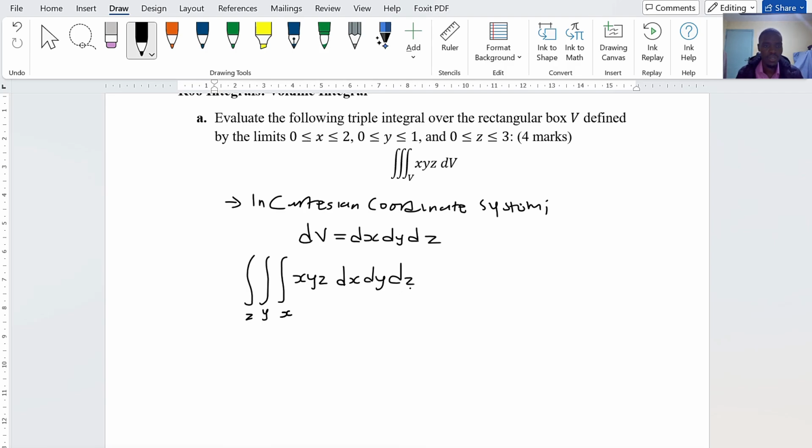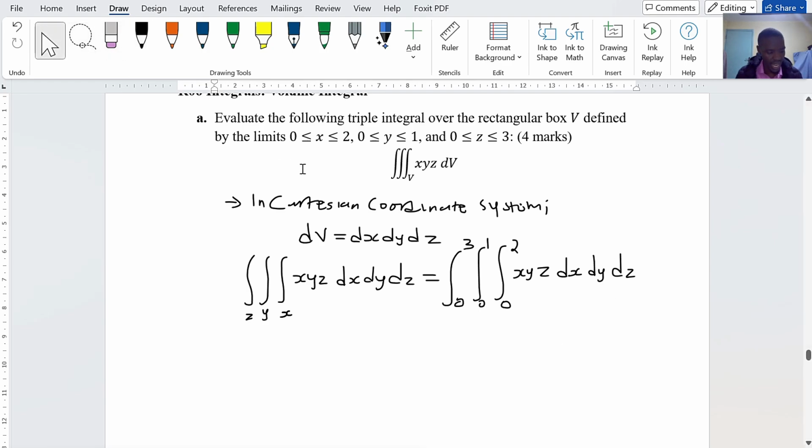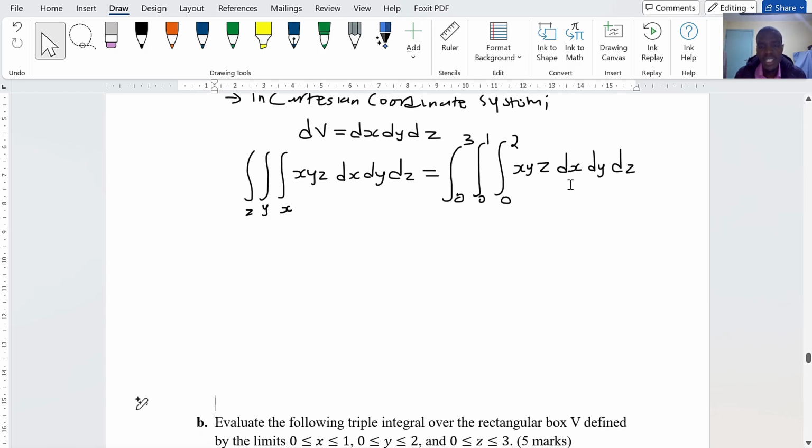Our ranges we can put them: for z, we have 0 to 3; for y, we have 0 to 1; and for x, we have 0 to 2. Then you have xyz, then dx, dy, dz. So we are going to integrate inside out, that is from dx, then dy, and then dz.